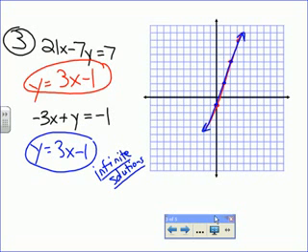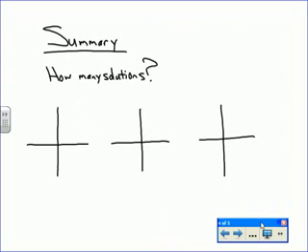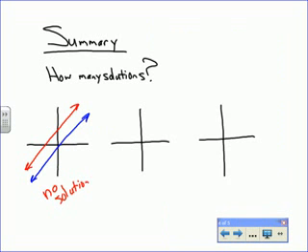Okay. Just as a quick recap, when you have two linear functions, there are three different situations. Either they can have no solutions in common if the two lines are parallel. I should always put arrows on your lines. So we would say no solutions in common.